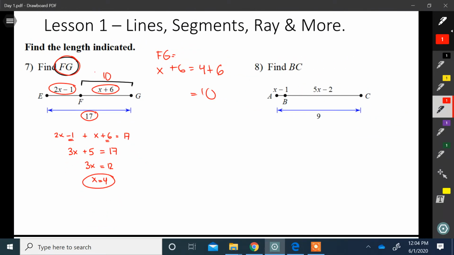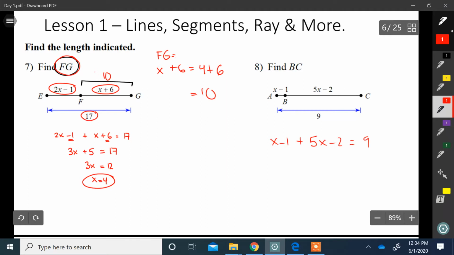Same idea with number 8. We want to set it up so that we're able to figure out what x is. So x plus 5x is going to be 6x. Negative 1 plus negative 2 is negative 3. Bring over that negative 3 to the other side. I get 12x is equal to 2.